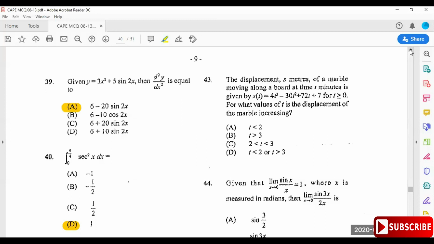It says, for what values of t is the displacement of the marble increasing? Increasing means that the velocity is greater than 0. So v of t is greater than 0. That's what we're going to have to solve.